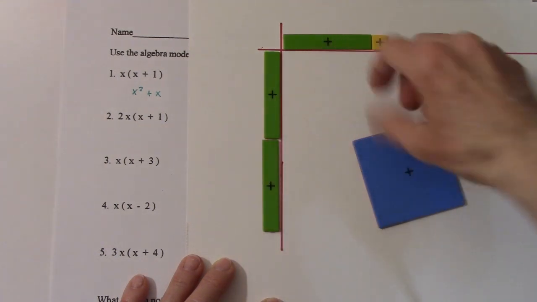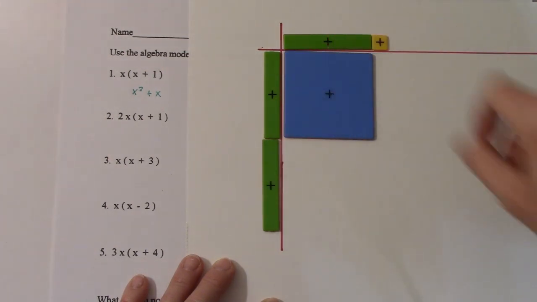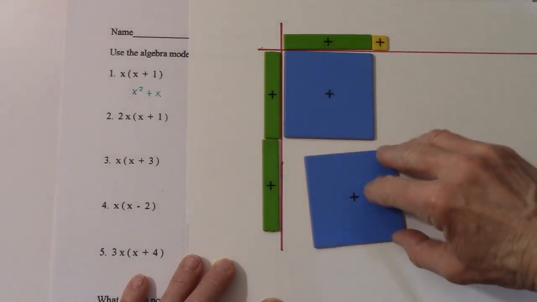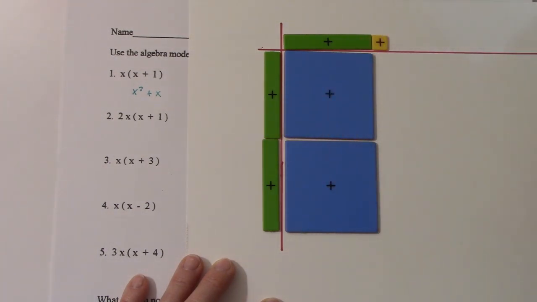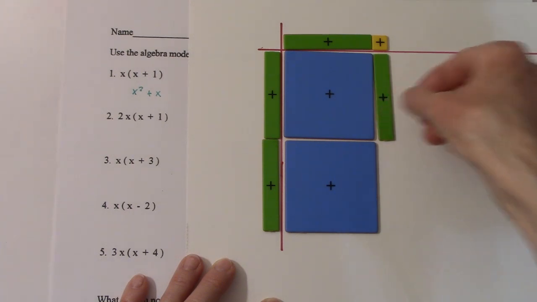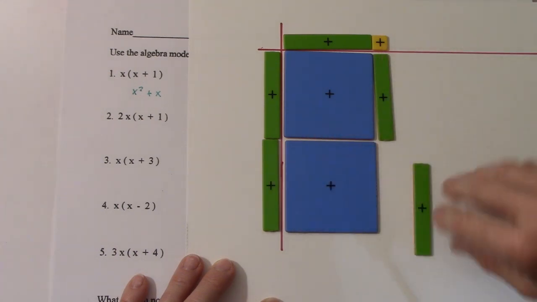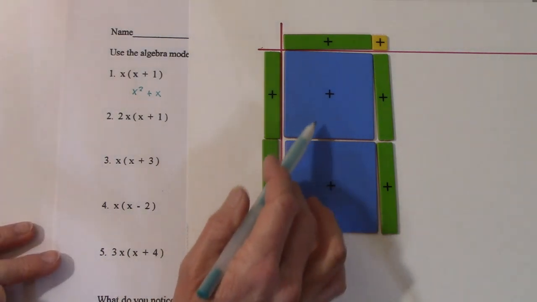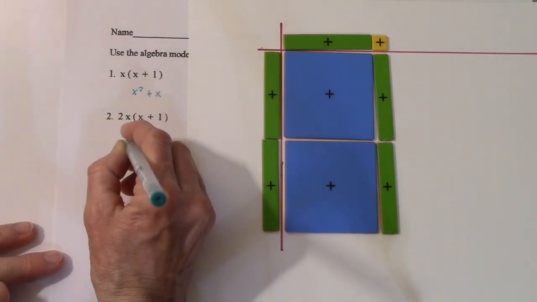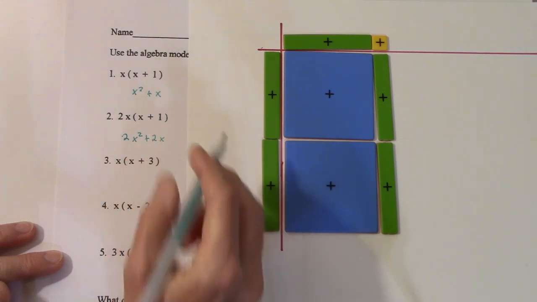So x times x is x squared, and x times x is x squared, and x times 1 is x, and x times 1 is x. So I see here I have 2x squared plus 2x.